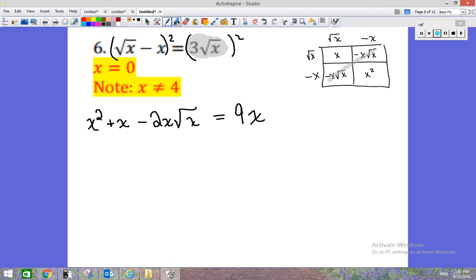So we have a new equation, and we still have a radical in there. See, last time we had 2 radicals in the equation. Well, we've now whittled it down to one radical. We need to get it by itself, square both sides of the equation, and see what we have here.